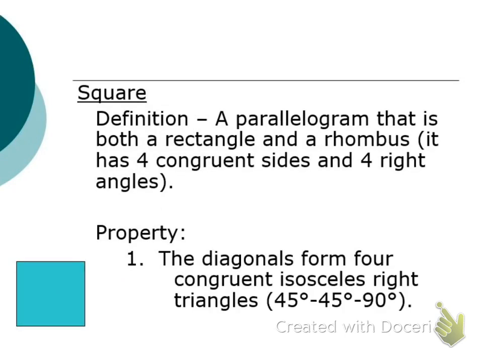All right. A square, the definition is a little bit longer. It's a parallelogram that is both a rectangle and a rhombus. So it has 4 congruent sides and 4 right angles. It is both a rectangle and a rhombus at the same time.